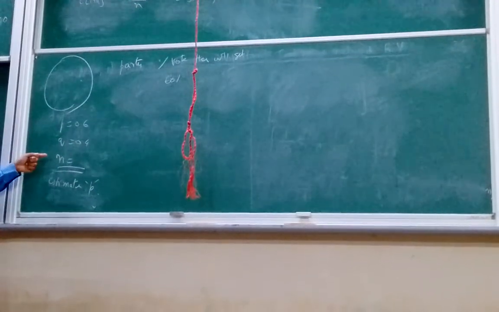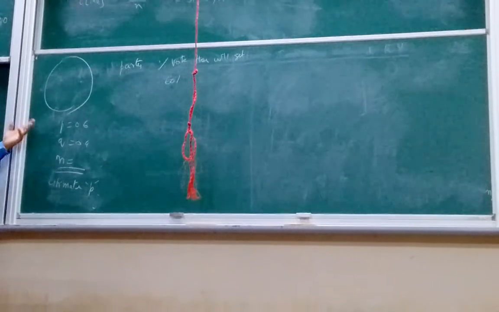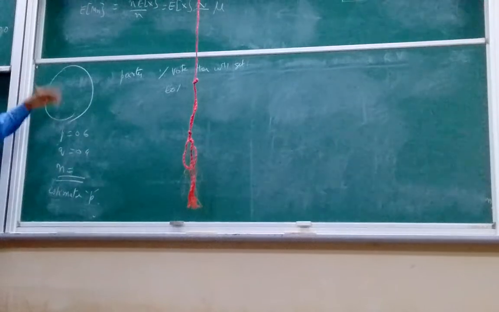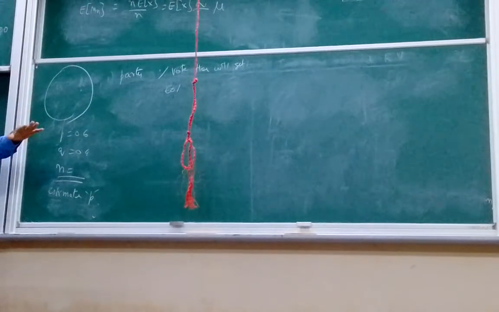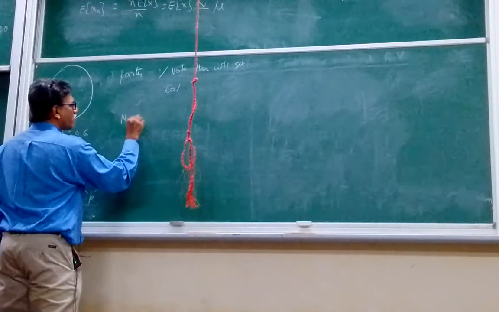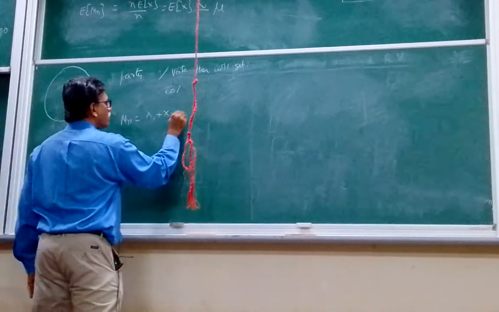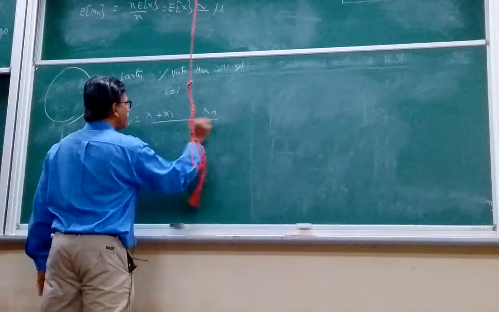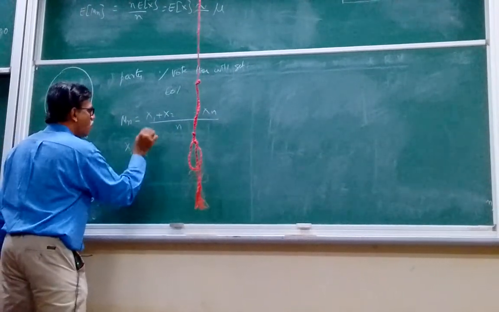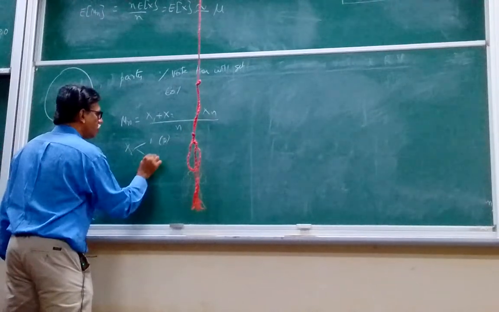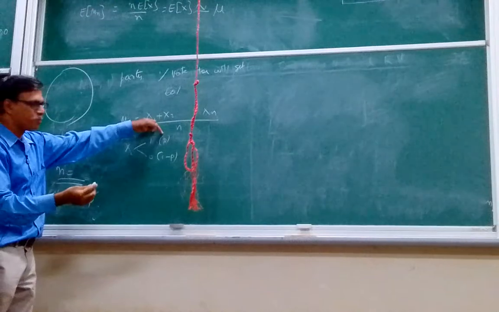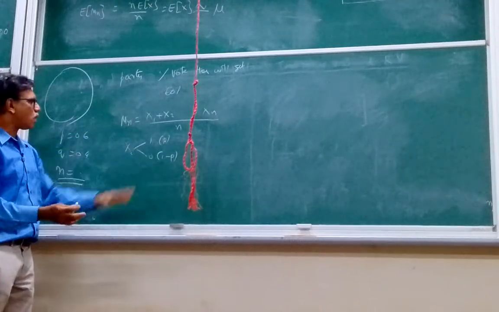For n people you ask the poll, you give a 1 if the person says yes, I am going to vote, and 0 if the person says I am not going to vote. In general, Xi is 1 with probability p and 0 with probability 1 minus p. That is, 1 says I am going to vote, and the probability is p, which is not known.